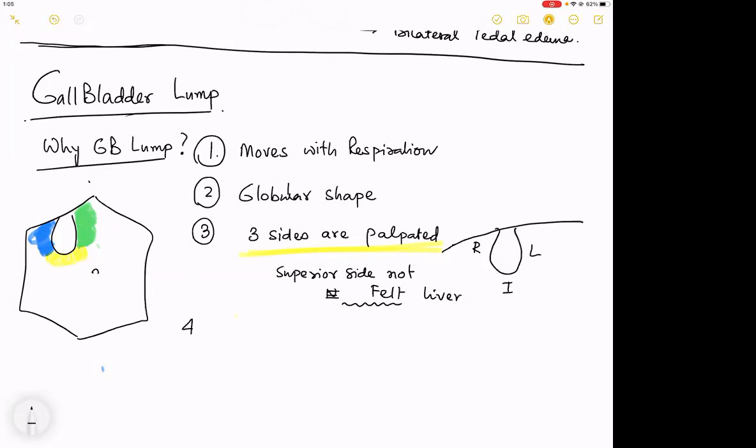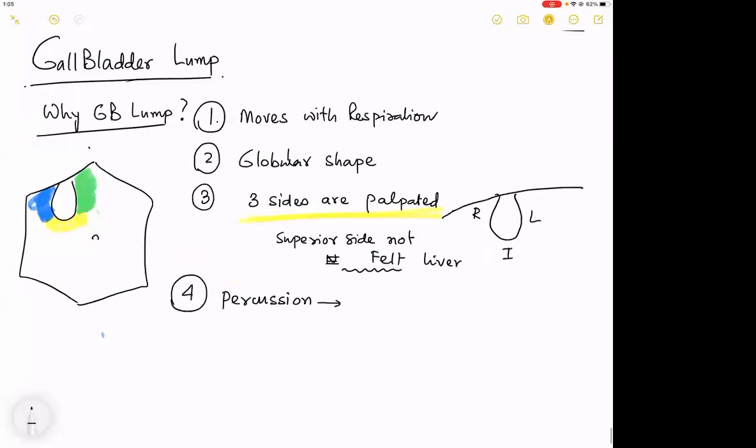And point number four, on percussion, what do you think will be your findings, sir? Is it dull or is it resonant? Resonant. Dull. Gallbladder contains what? Gallbladder contains liquid, solid, something. It does not contain air, na? So if it is not containing air, it will be dull.